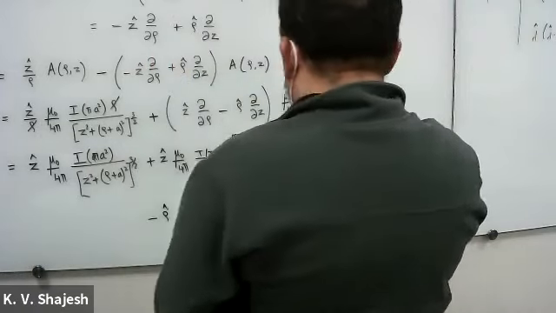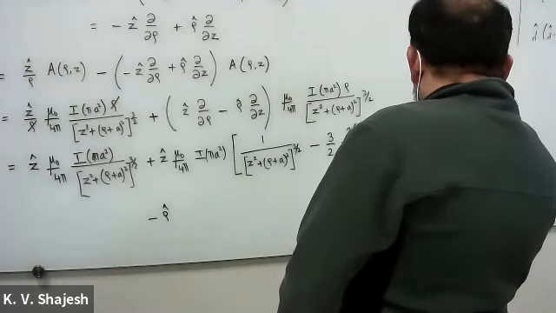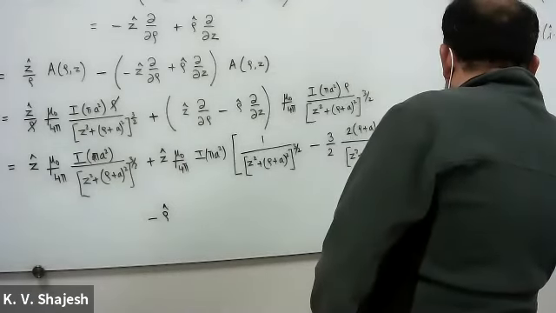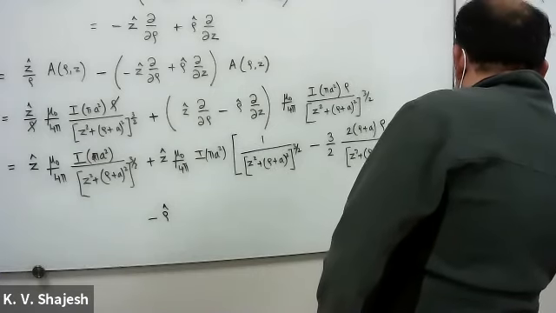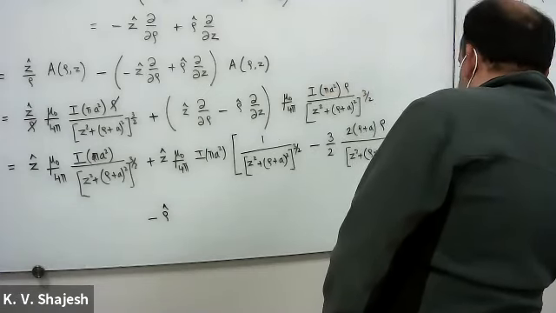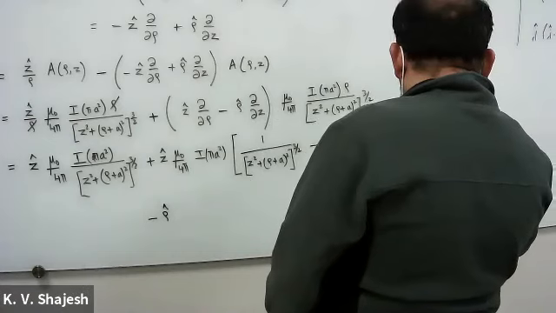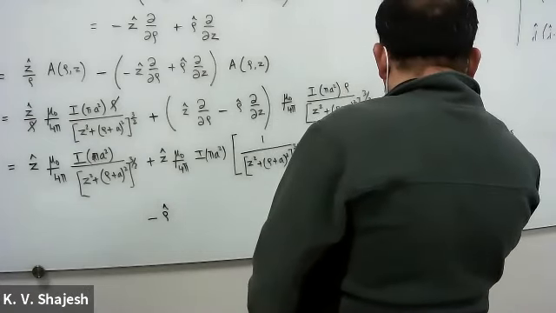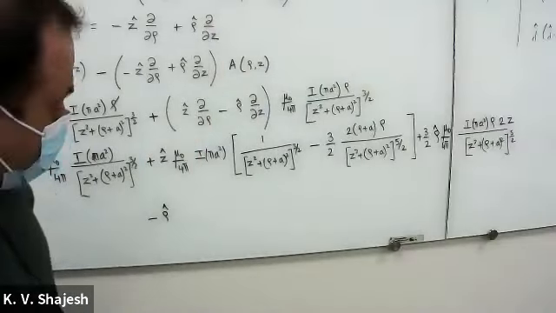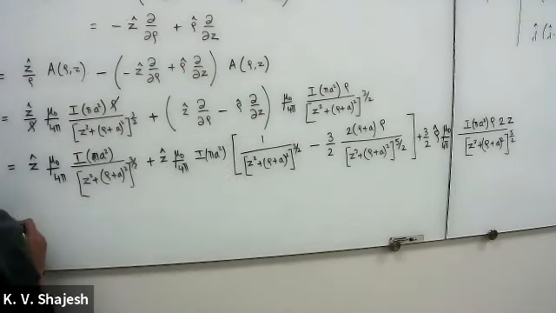So this is similarly minus rho hat times mu naught over 4 pi I pi a square rho, and we do the same idea, z square plus rho plus a the whole square to the 5 by 2, and again there was a minus 3 by 2 which made this plus 3 by 2, and it is 2 times z, just taking the differentiation.